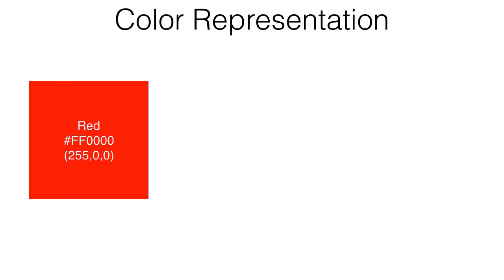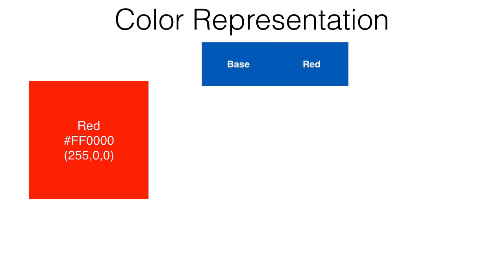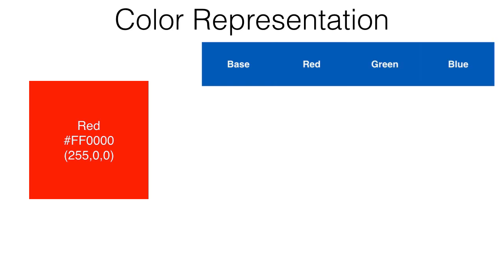All right, let's talk about the color representation. So we're going to stick with our red pixel here. So we have a base, we have a red, we have a green, and we have a blue. So let's go ahead and lay this out. So for decimal, that would be 255 for red, right? The green is 0 and the blue is 0.